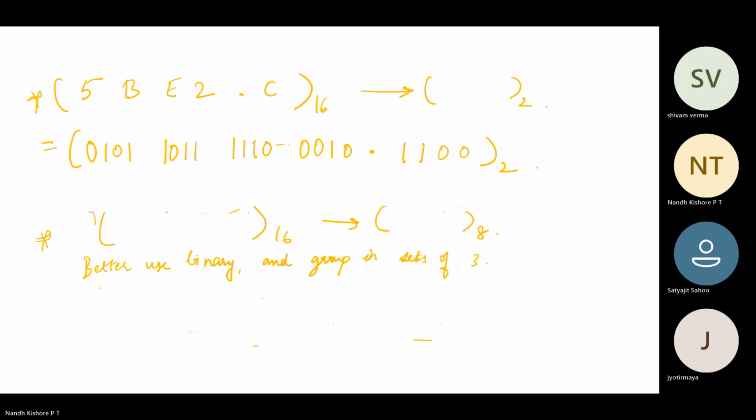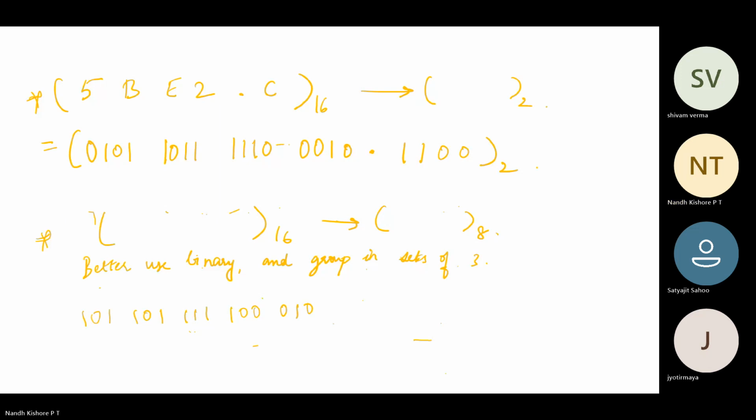Okay. So if we group in sets of 3, what you get is 0, 1, 0, then 0, 0, 1, then 1, 1, 1, then 1, 0, 1, then 1, 0, 0, 1.